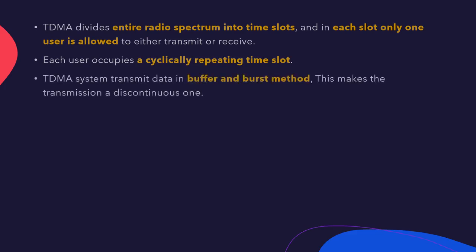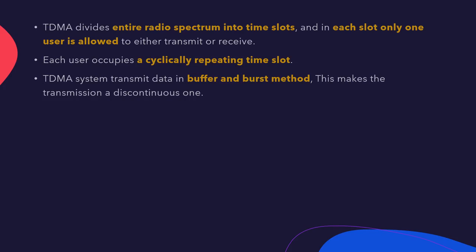Then the TDMA system transmits data in a buffer and burst method. This makes the transmission discontinuous. For example, if the time period is over for the first user, then the chance goes to the second user. The first user should wait for his chance either to transmit or receive. While waiting, user 1 will be generating information, and all the generated information will be stored in the buffer.